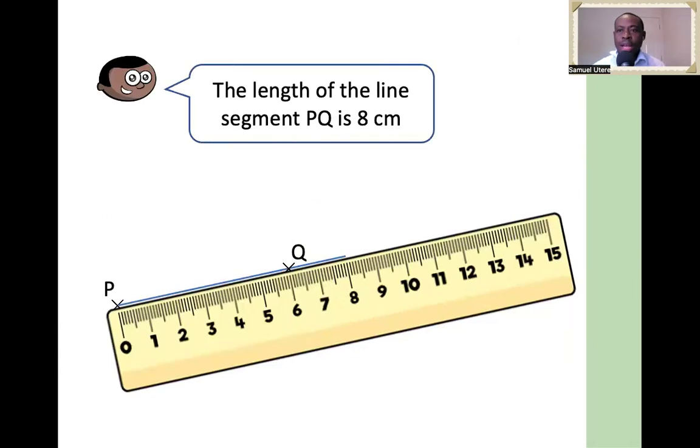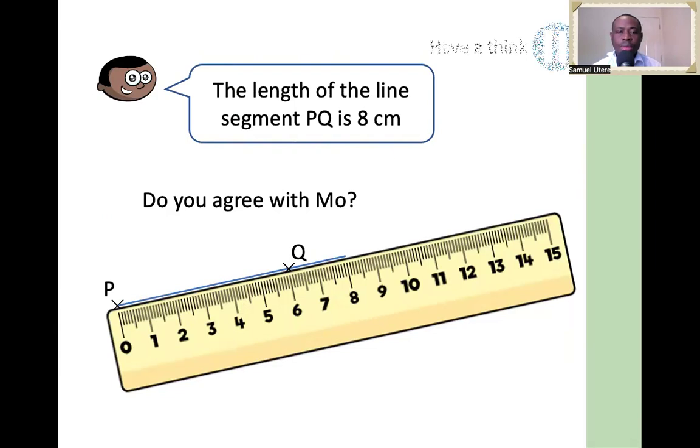Let's have a think at some other problem. Here, Jack says that the length of the line segment PQ is 8 centimeter. What mistake do you think Mo has made? Well, notice that PQ is not on the whole length of the line.